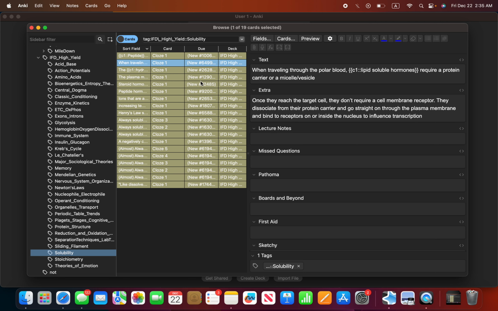When traveling through the polar blood, lipid soluble hormones require a protein carrier or a micelle/vesicle. So when you are traveling through the blood, and blood is polar, it's like water, so it has hydrogen bonds, makes sense, it is polar.